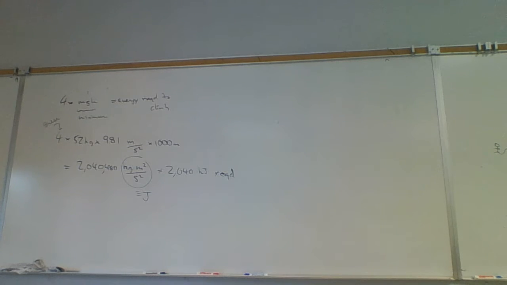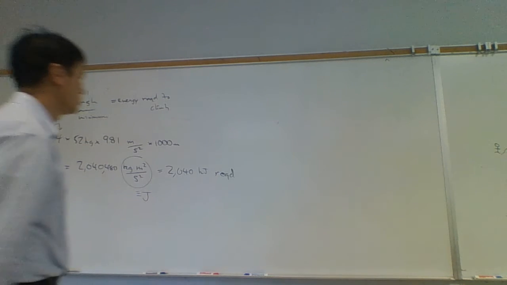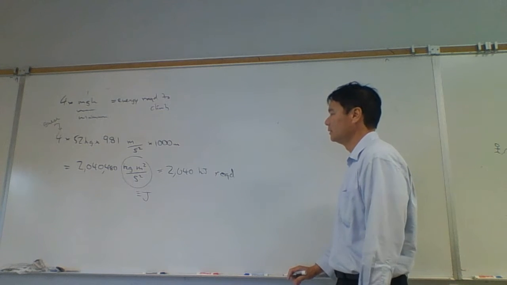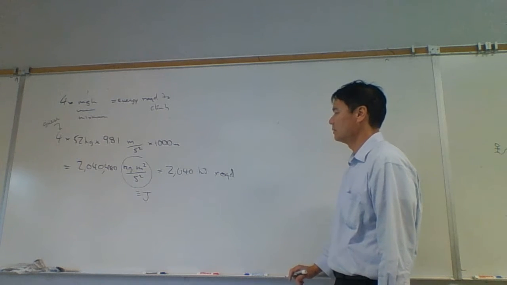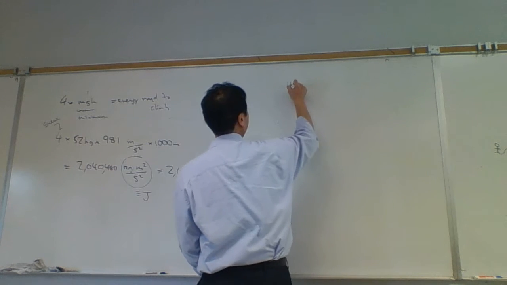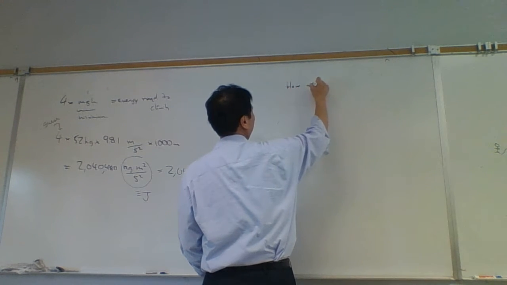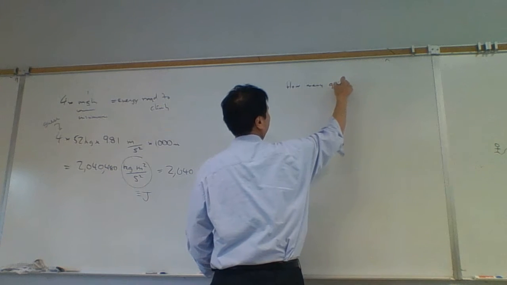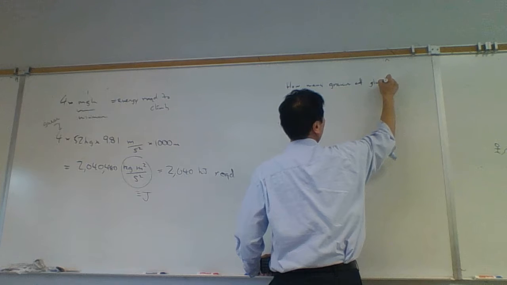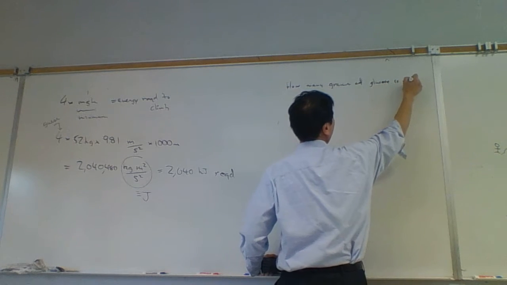Where are we going to get that? Well, we're going to get that from glucose metabolism, food. And so let's figure out how many calories that is. Actually, let's do this. We're going to figure out how many grams of glucose is required.